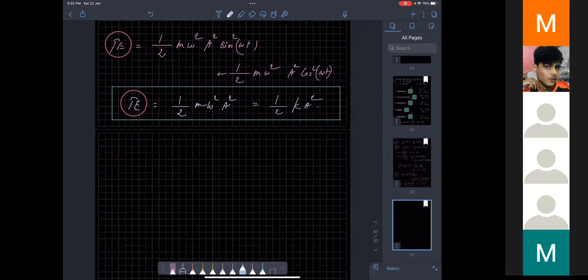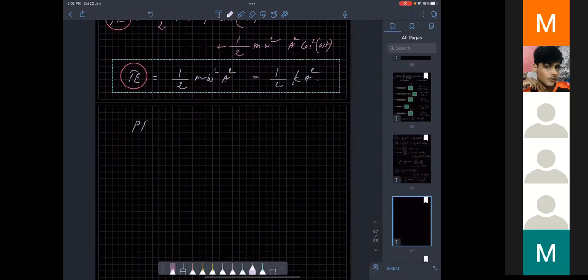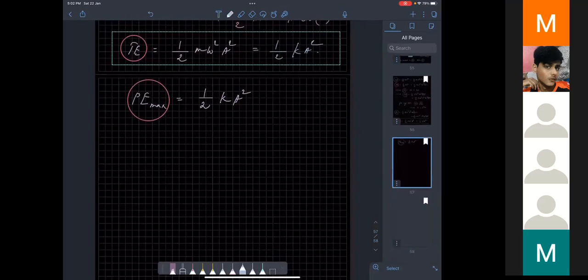Now tell me one thing. What is maximum potential energy? Half k a square, right? Because maximum x is a. So this is potential energy max. What is kinetic energy max? Half m v max square. But what is v max square?